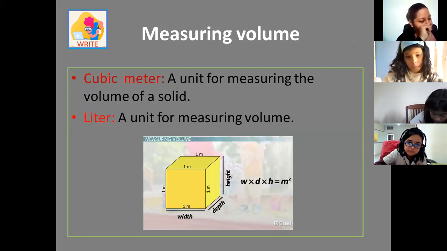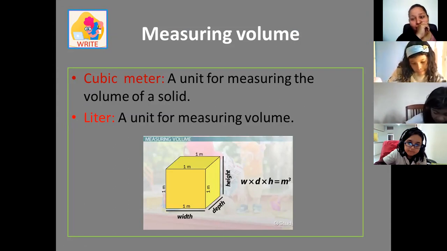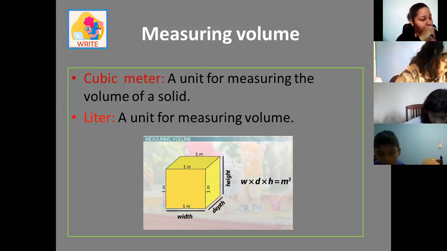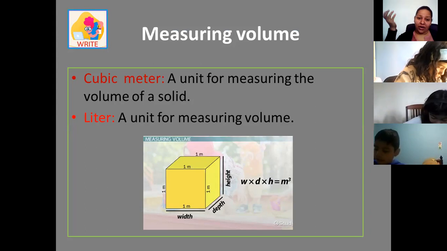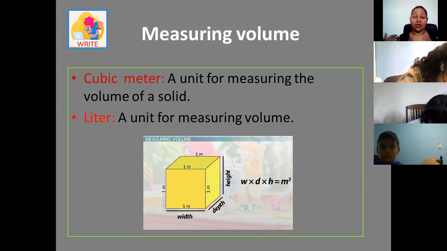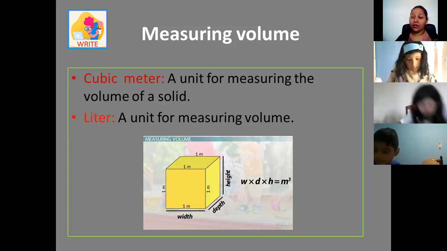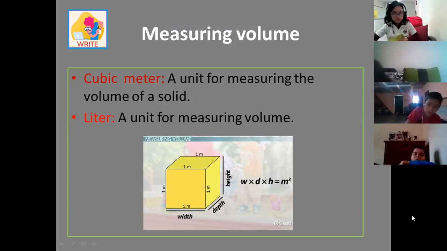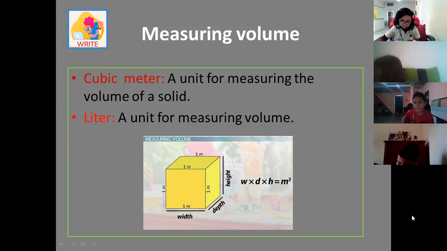Volume is the amount of space that matter takes up, right? That is volume.